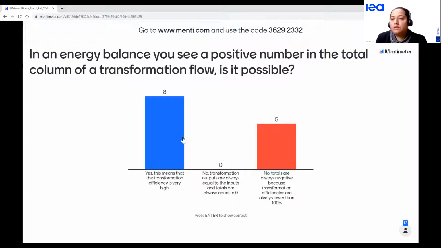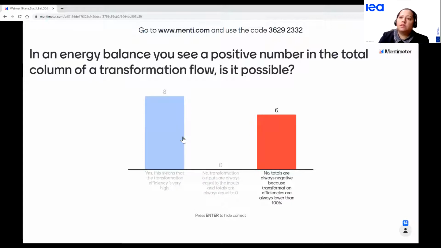So we have 13 participants that have replied, and 8 think that yes, this means that the transformation efficiency is very high. The correct answer is the last one: no, totals are always negative because transformation efficiencies are always lower than 100.